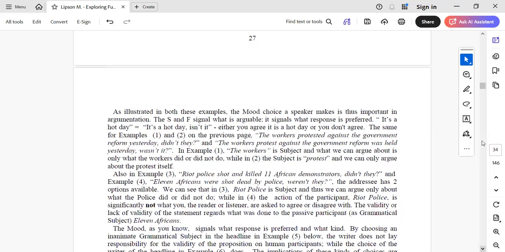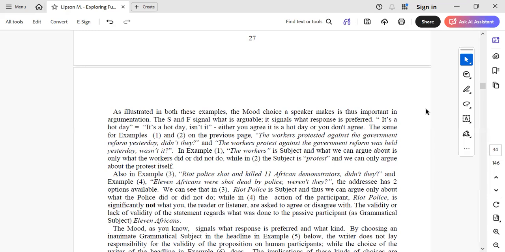Now, also in example 3, they're referring to: riot police shot and killed 11 African demonstrators, didn't they? In example 4, 11 Africans were shot dead by police one day. The addressee has two options available. We can see that in 3, riot police is subject, thus we can argue only about what the police did or didn't do.